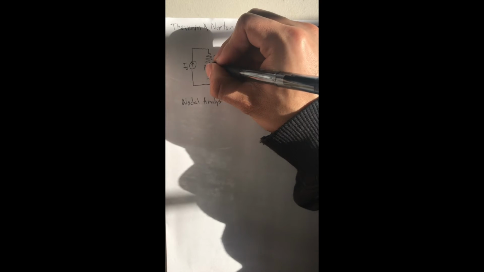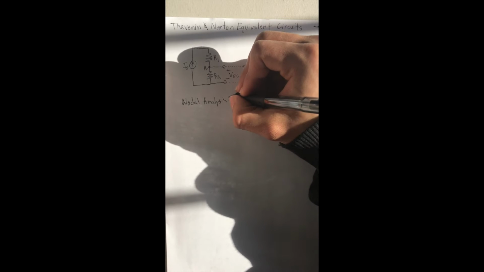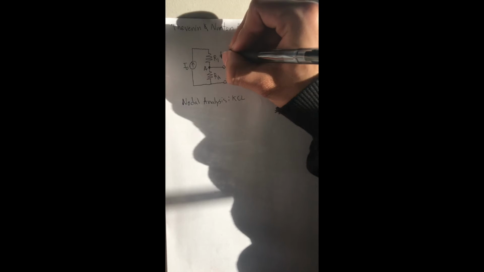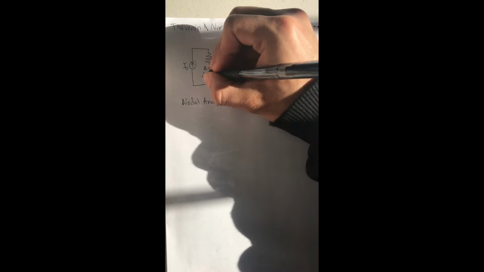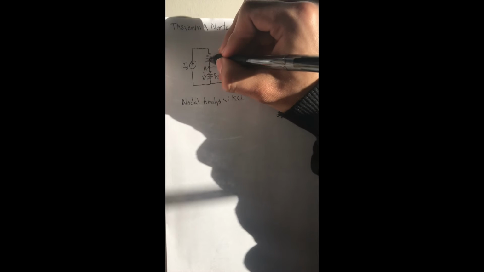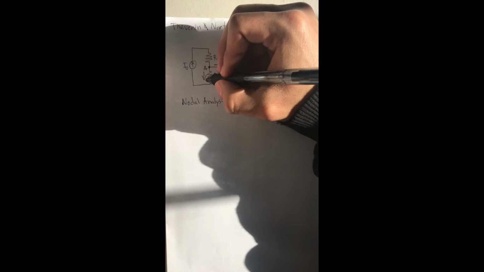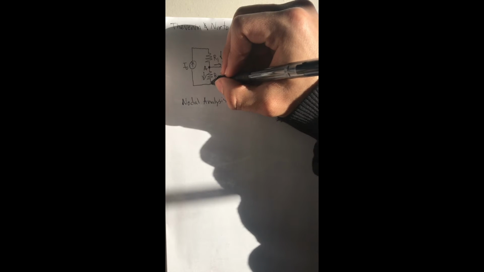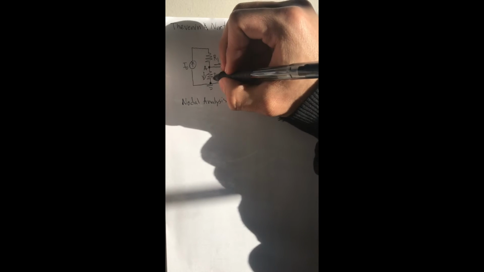We're going to use Kirchhoff's current law at node A. Kirchhoff's current law tells us that the current flowing in is equal to the current flowing out. Because this is an open circuit, we know that no current comes out through here. The current going in at this node is equal to I naught, and the current going out is equal to the voltage at this node minus the voltage at this node, which is simply ground, over R2.